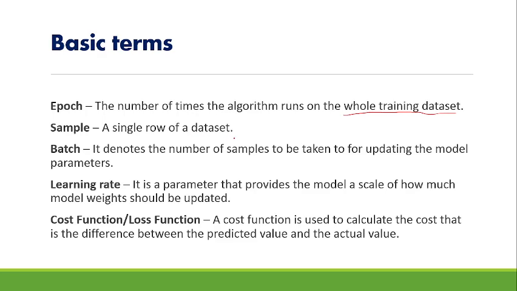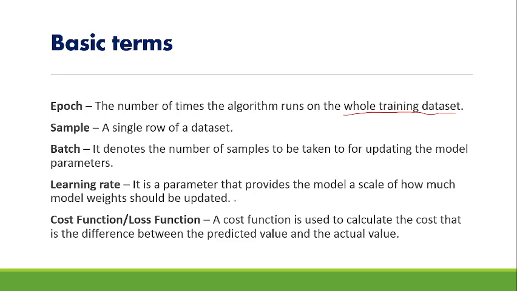Sample: a single row of the data set, that is a single observation, is called a sample. Batch: in 100 observations, if you select a number of samples like 10 samples, it is called a batch. Learning rate is a parameter that gives the model a scale of how much the model weights should be updated.